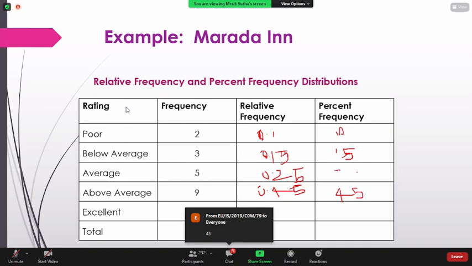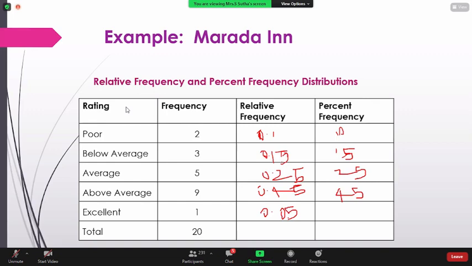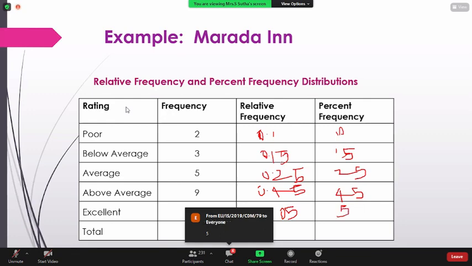Then for excellent, relative frequency? 0.05. And then the percent frequency? 5, right.